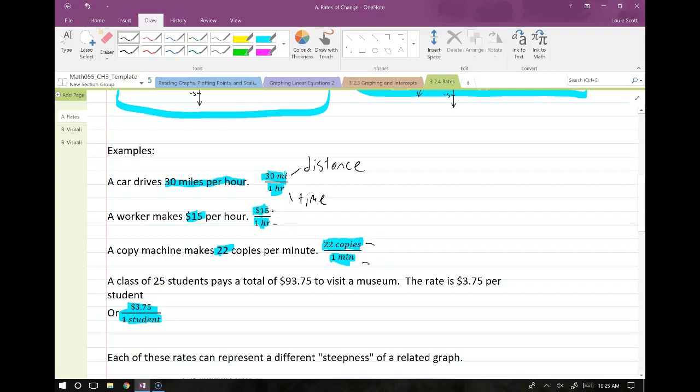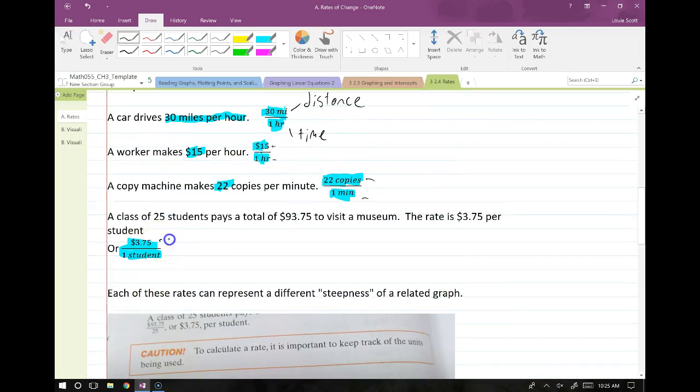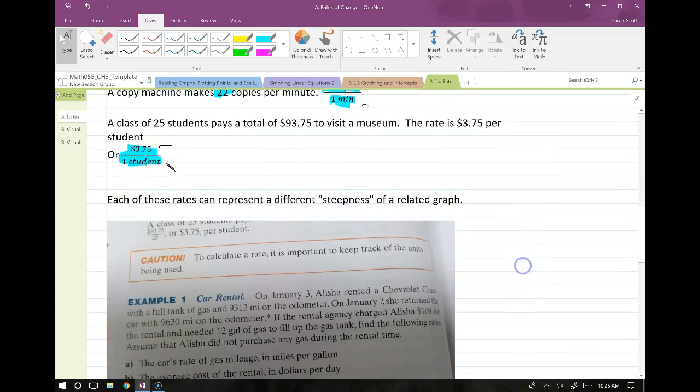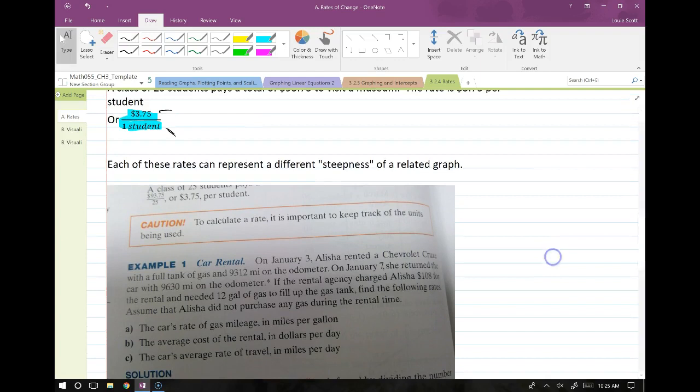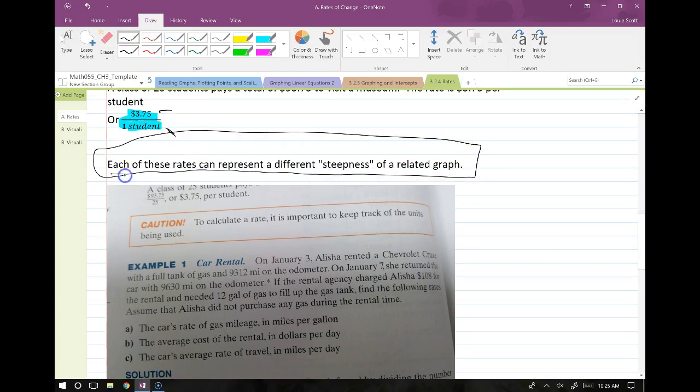With the copy machine, it is copies and time. With this last one, it's money per student. And so this doesn't have to be a per minute or per hour kind of thing. It could be a per student or per whatever. So just like I said before, these rates represent the steepness of a related graph.